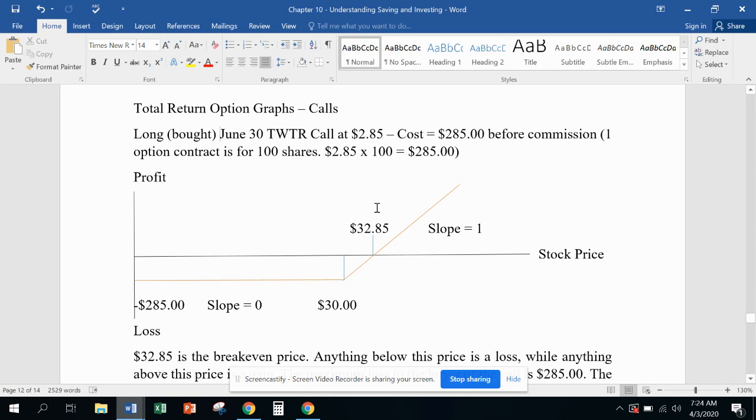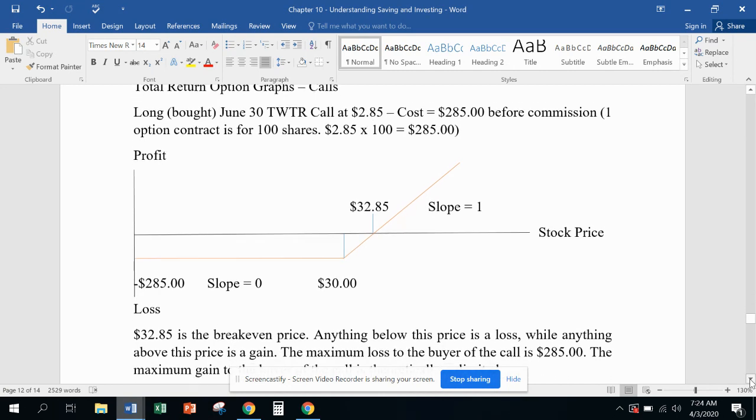Okay, now what we've modeled here is what we've paid is really what we can lose. But the way options are done is I can't lose anything more than what I paid, or at least in this side of the trade.